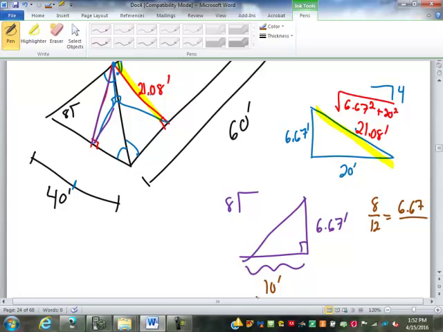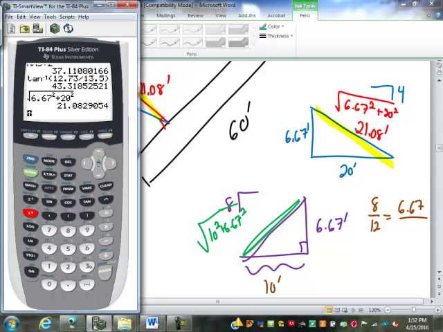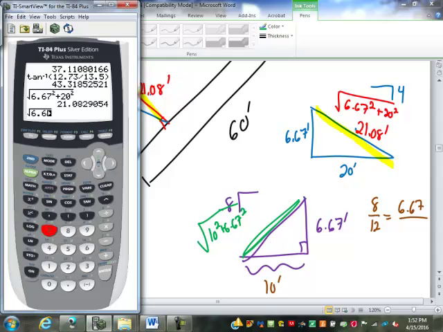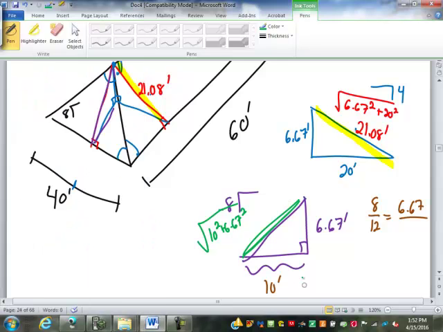Do you see how to get to 10 feet? So once we get that that's 10 feet, I can now find this length, which is one of the things we need. It is the square root of 10 squared plus 6.67 squared. 12.02.